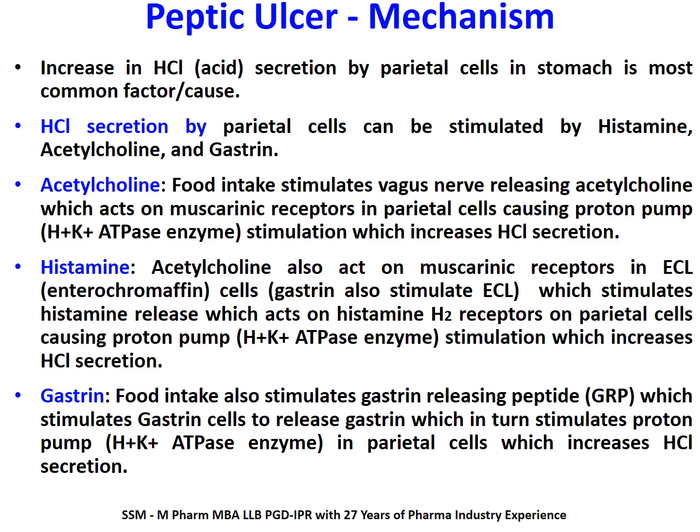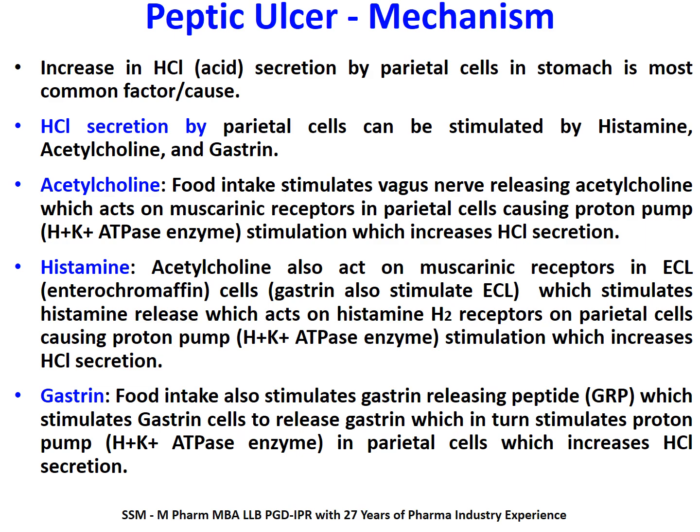Role of histamine: acetylcholine also acts on muscarinic receptors on enterochromaffin cells or ECL cells, which leads to release of histamine from ECL cells. And this histamine acts on H2 receptors on parietal cell, which leads to stimulation of proton pump, and stimulation of proton pump leads to hydrochloric acid secretion.